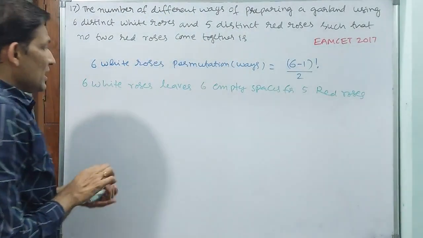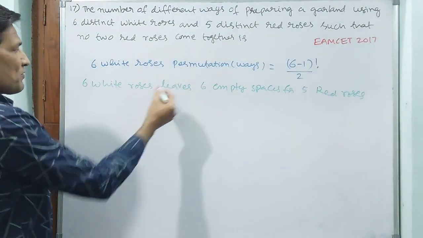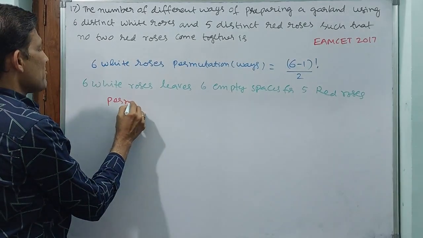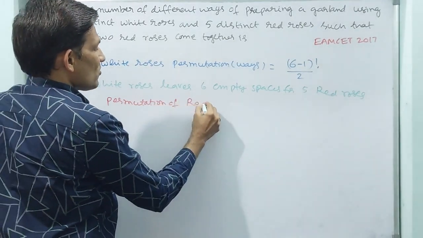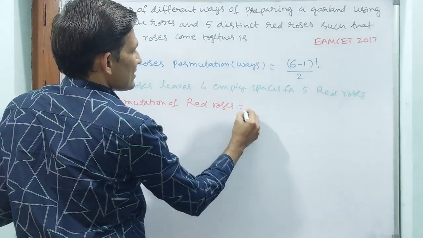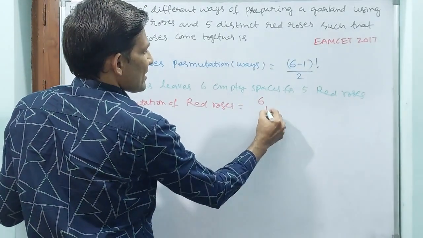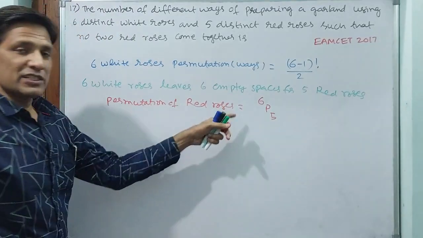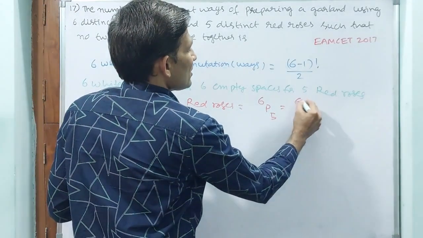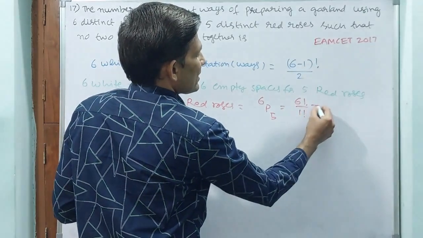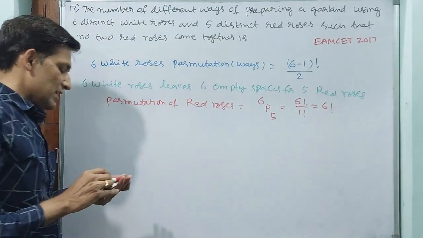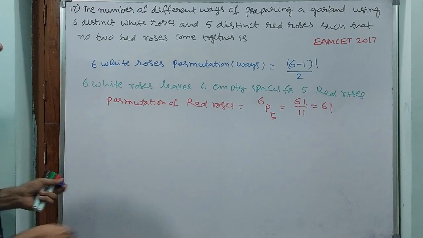Now take the permutation of the red roses. 6 spaces are there, 5 roses are there. 6P5 is equal to 6 factorial by (6 minus 5) factorial, 1 factorial, that is equal to 6 factorial.